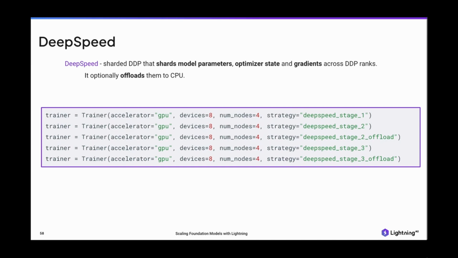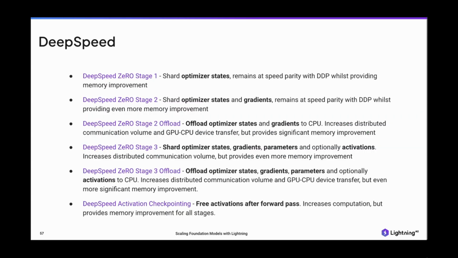And so the trainer or Fabric will actually set up your model with the DeepSpeed strategy and do all the things that are needed to make your model and your optimizer and so on compatible. And you can also not use a string, but use a DeepSpeed object where you have more granular control on the settings. But essentially, just to map the space, DeepSpeed is a way to do sharded data parallel, more or less.